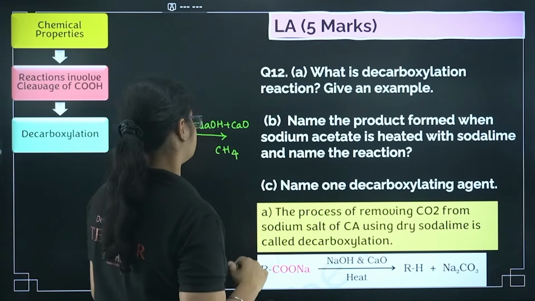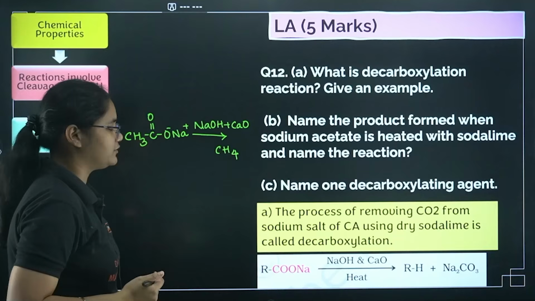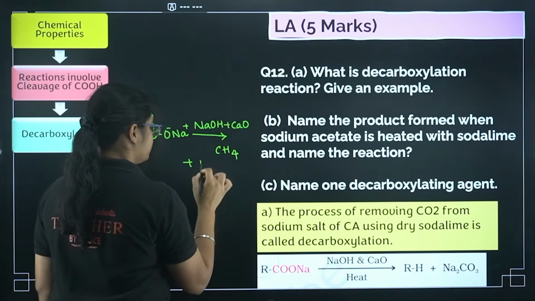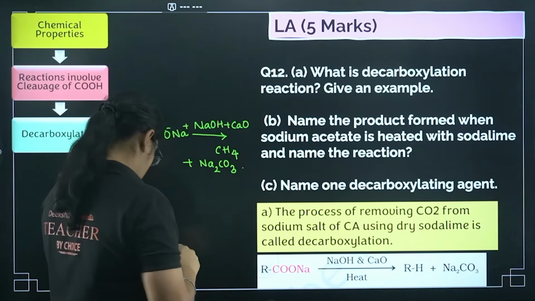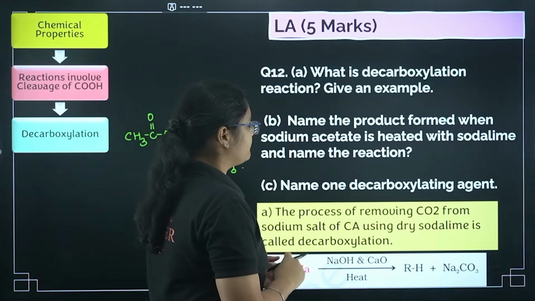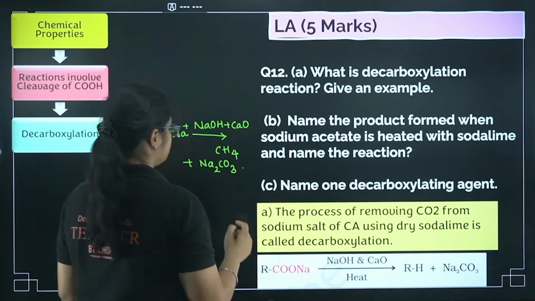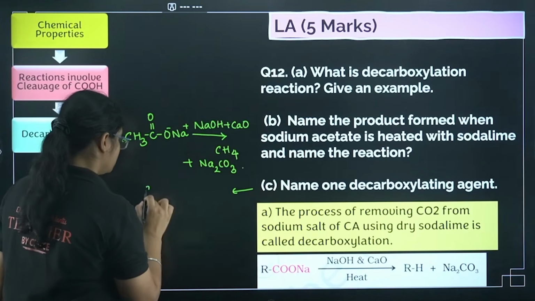Name this reaction: decarboxylation reaction. Now the next is name one decarboxylating agent. So the decarboxylating agent is your soda lime.